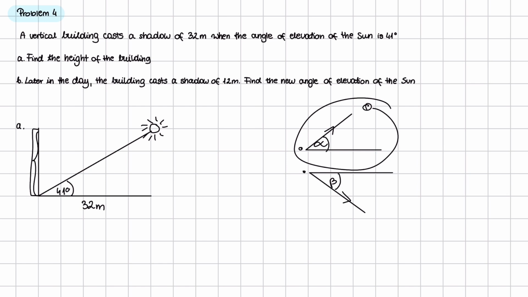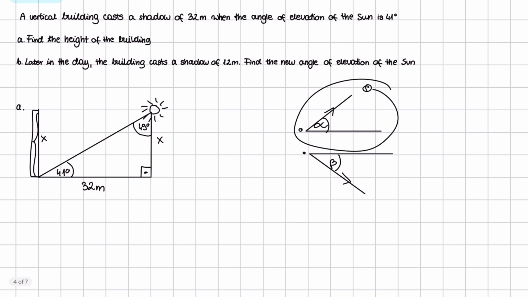So we can form a right angled triangle. Here we have 90 degrees, and automatically in here we have 49 degrees, because all the angles have to sum up to 180 degrees. So here is 49 degrees, and we have to find the height of the building. This x is the same as in here, because it's a triangle taken from a rectangle.